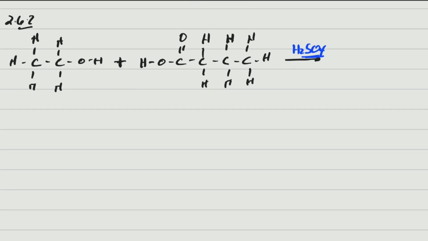So what is the ester going to be? The 2 carbons and hydrogens of the alcohol, O, combined now with the 4 carbons of the butanoic acid. And here is the O. So this one is the ester. But remember, the ester is not the only product.